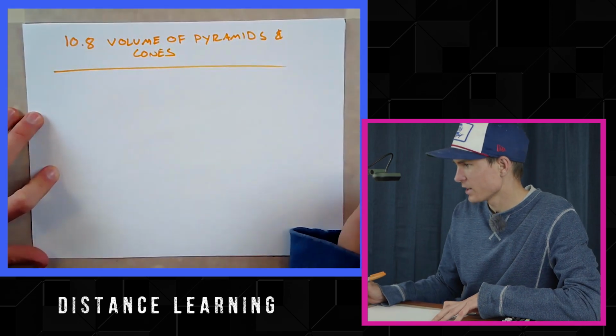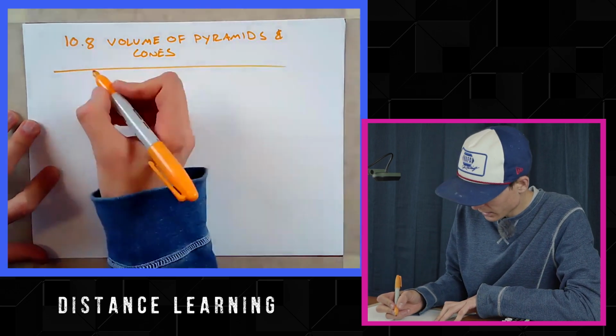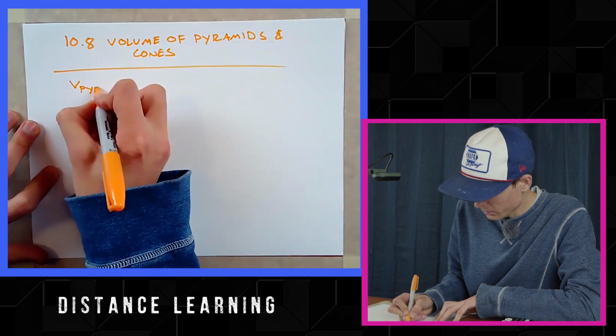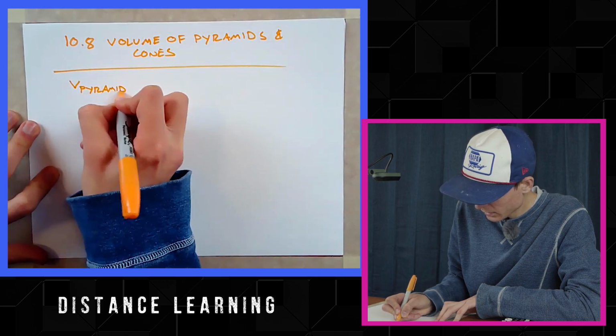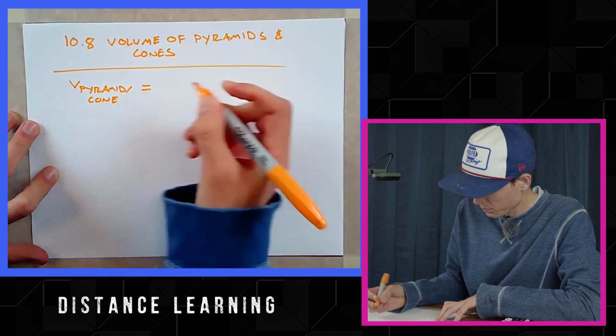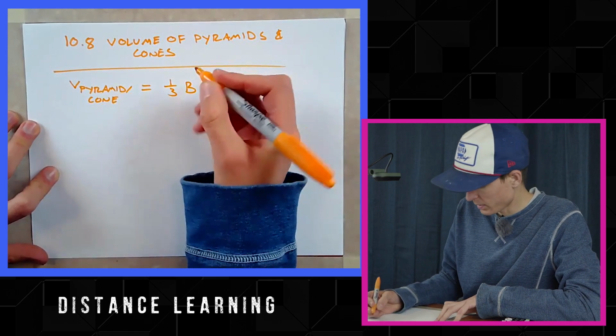Volume of pyramids and cones, again, super easy. There's one formula for the volume of a pyramid or cone. They're basically the same shape, except one has a circular base and one doesn't.